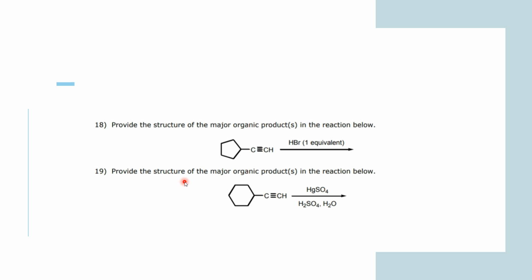Provide the structure of the major organic products in the reaction below. You are again given a terminal alkyne this time, and you have to react it with HgSO4 in presence of sulfuric acid. So what happens in presence of mercuric sulfate?